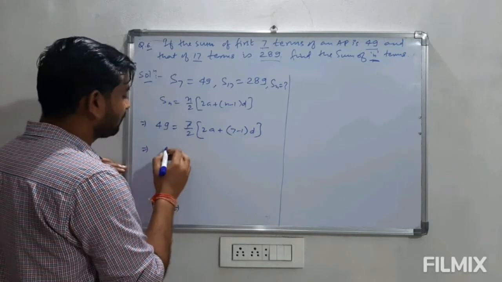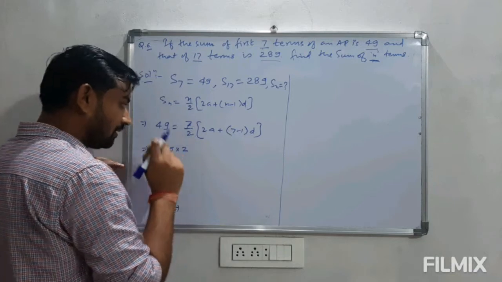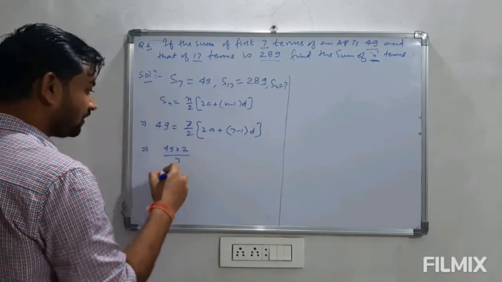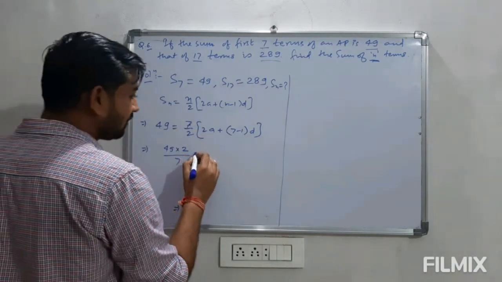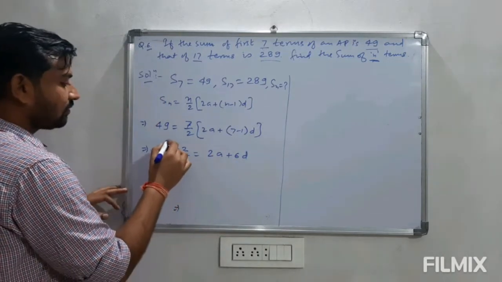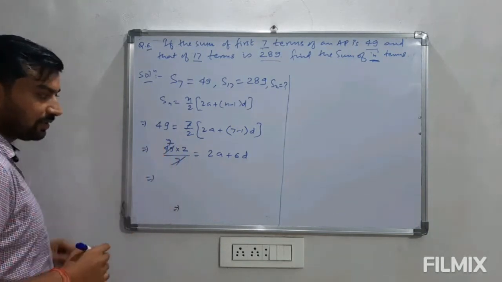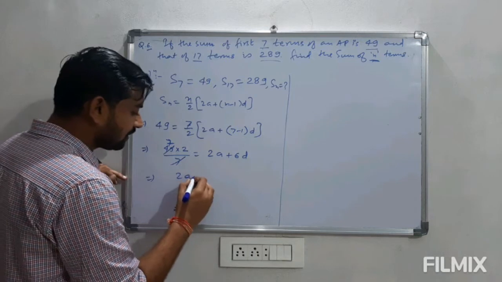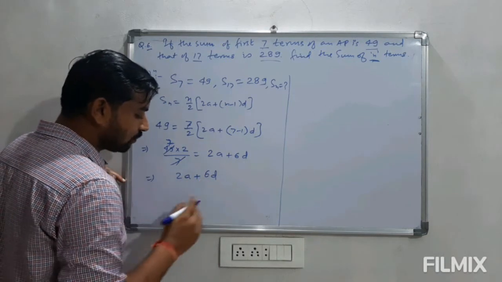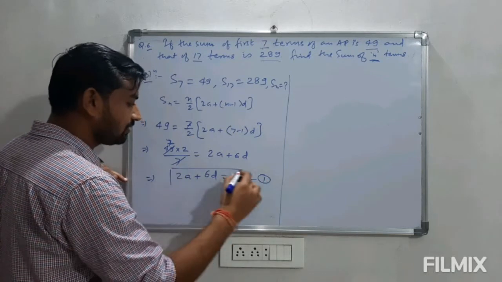On simplifying, we get 49 into 2 upon 7. This was in division, so it will come in multiplication. This will come 7 and 2a plus 6d. On solving this, 7 times 7 is 49, 7 times 2 is 14. So the final relation here is 2a plus 6d is equal to 14. This is our first equation.